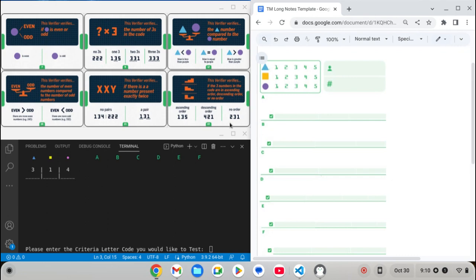And let's take a look at the example 231. Notice that it goes from 2 to 3, it increases, but then it goes from 3 to 1 and decreases. Of course, it could also go first decreasing and then increasing, but ultimately it's that shift. That's one way to describe a 3-digit code as having no order.